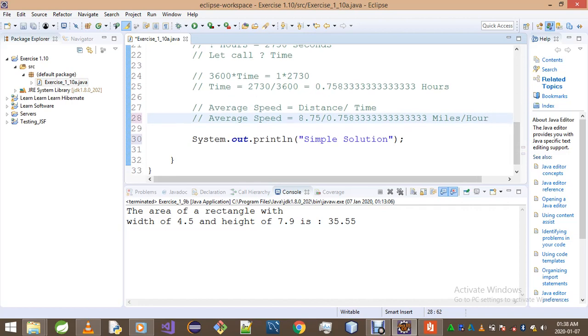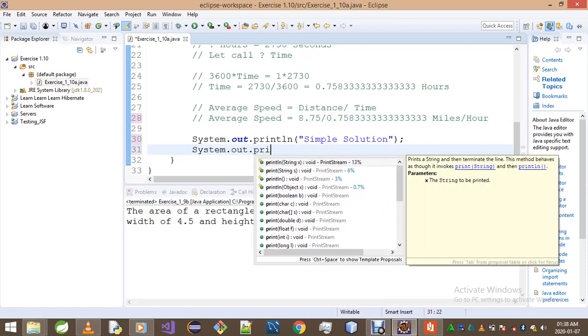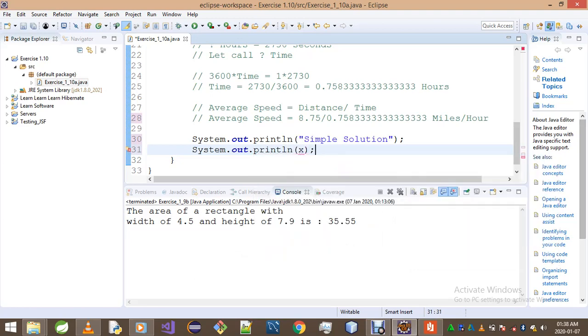Okay, our simple solution will look like this. It's gonna be system.out.print, and when we copy and paste this whole thing just like that.